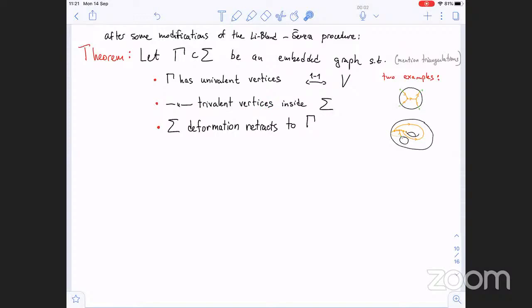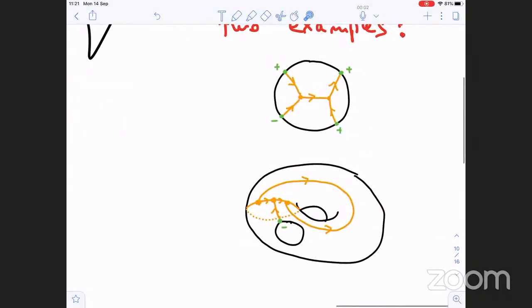So there are two examples. Maybe I'll make them a bit bigger. Here you have just a disk with 4 marked points, and this is one possibility. You can also imagine the other possibility, which would look like this. And for this punctured torus, you can do something like this.